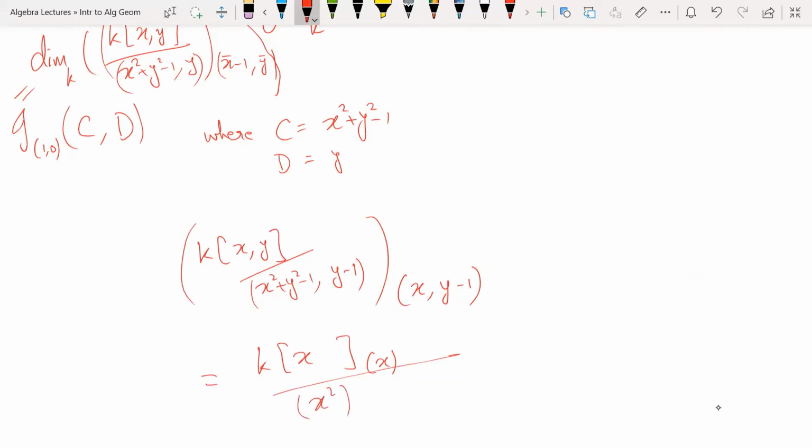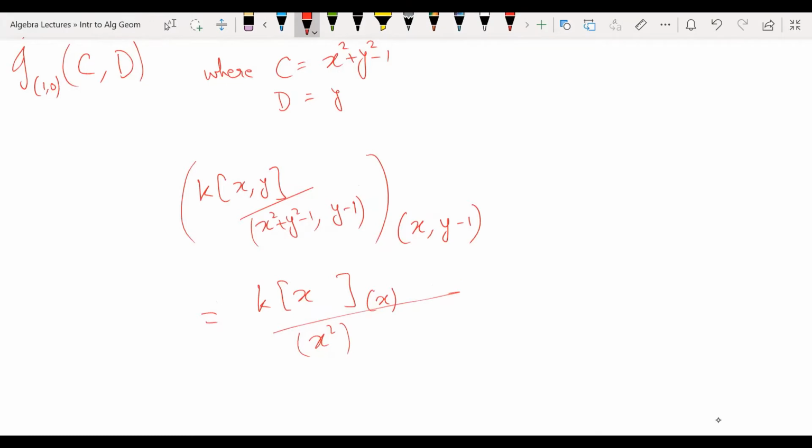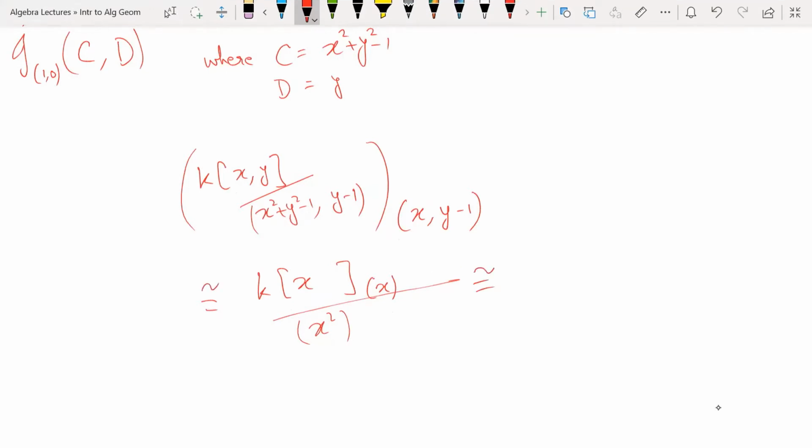So you get basically k[x] mod x², which is isomorphic to k[x]. Localizing doesn't change anything here. This itself is local, the ideal generated by x is the maximal ideal, so further localizing doesn't change anything.